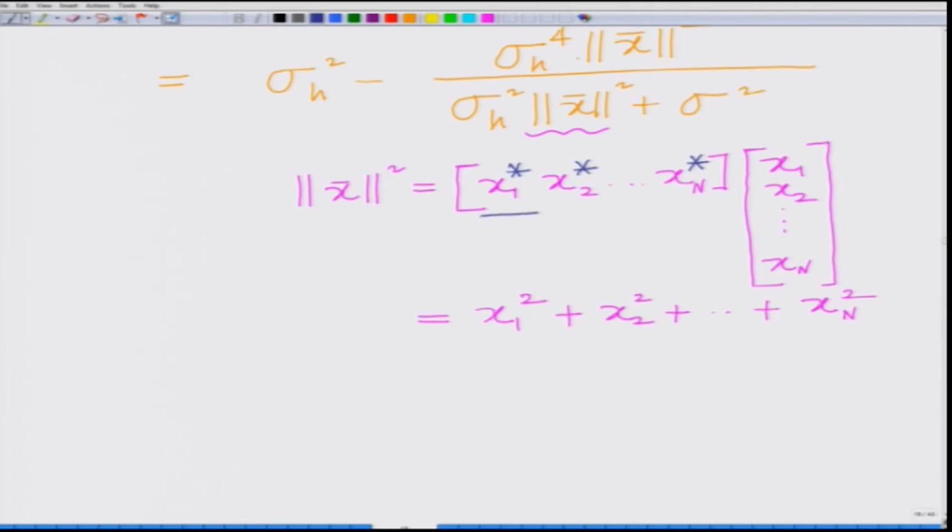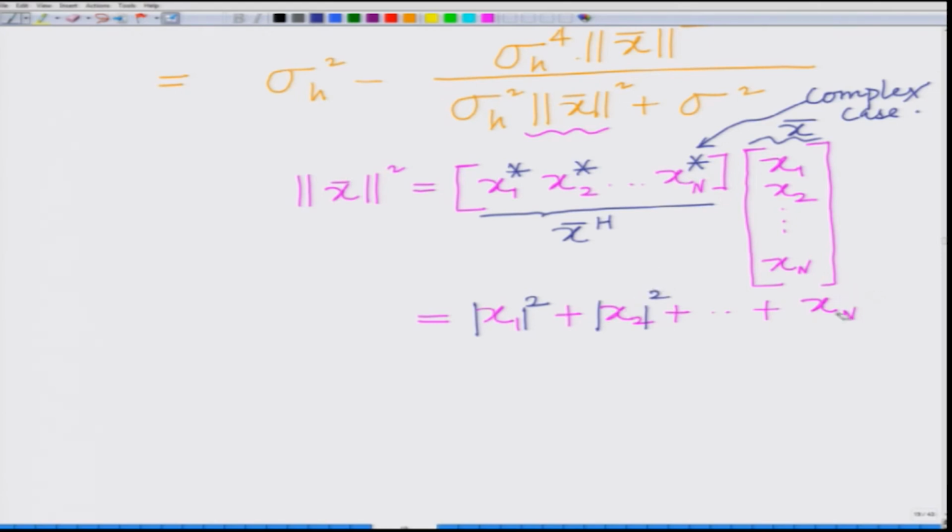So, this will become x bar Hermitian times x bar for the complex case. Remember, for the real case, of course, the complex conjugate will yield the same. So for the complex case, this will then be magnitude of x1 square plus magnitude of x2 square, so on up to magnitude of xn square, and this is the quantity we are calling norm x bar square.